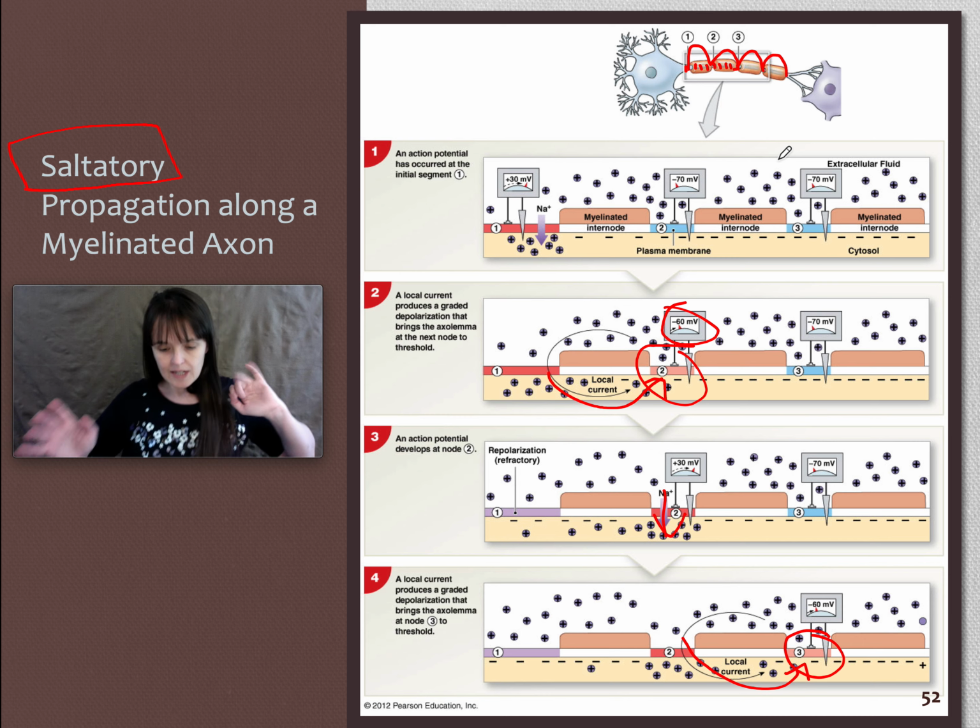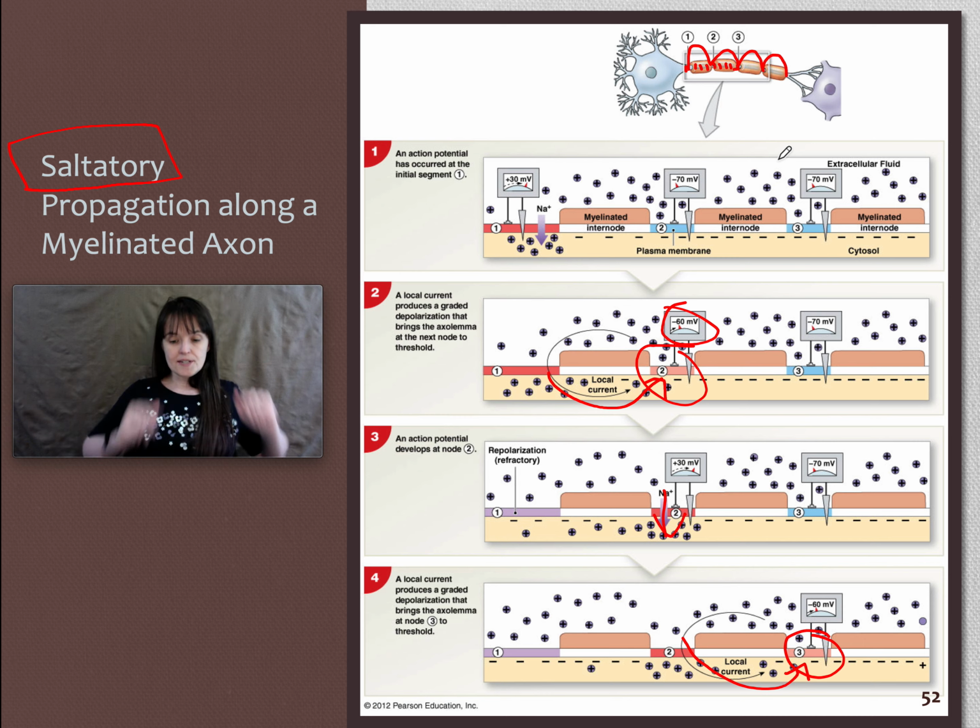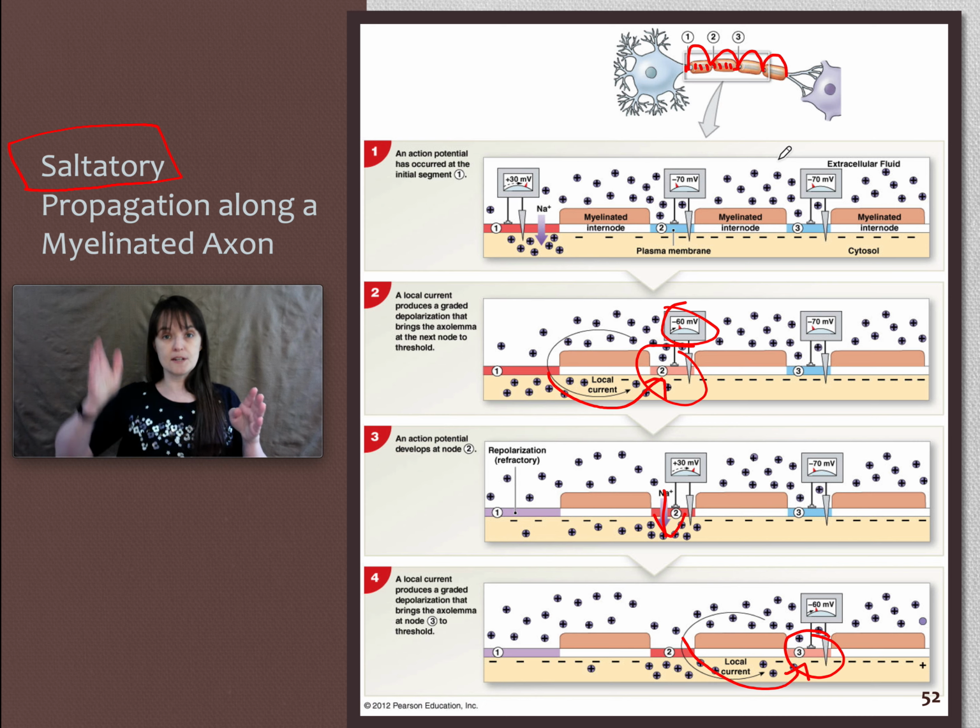Okay. So which is faster, continuous or saltatory? Saltatory is much faster because you're able to skip from node to node to node.